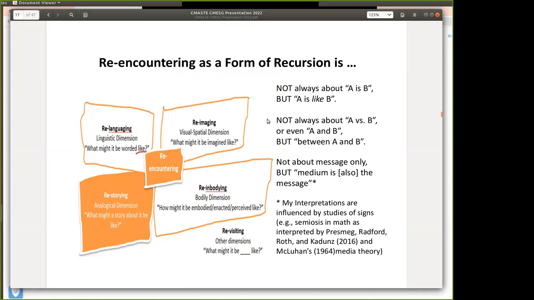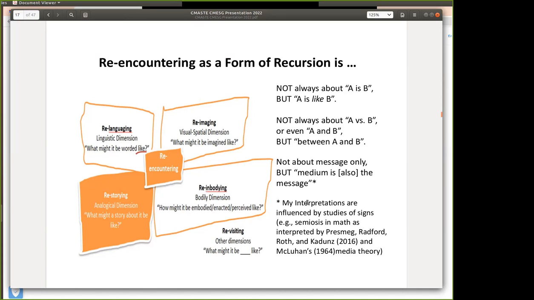And so right here, I just want to emphasize that re-encountering is not always about two things, one versus another, which one is better. It's not even about one thing and another thing. It's really about the space between them, how they inform each other, and how we can be invoked to think differently just because we are encountering both of them.